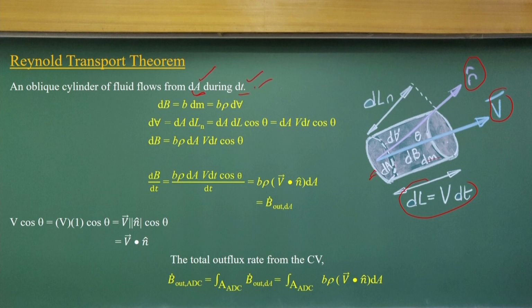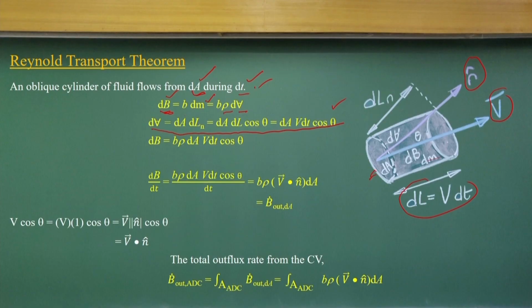You can have dB equal to b into dm, where dm represents the elemental mass. The mass will be the density times the volume of this surface, and the volume, using simple geometry, will be the area into the length.